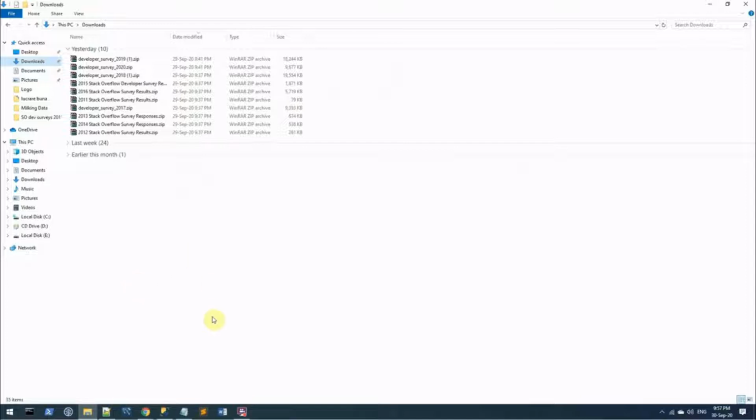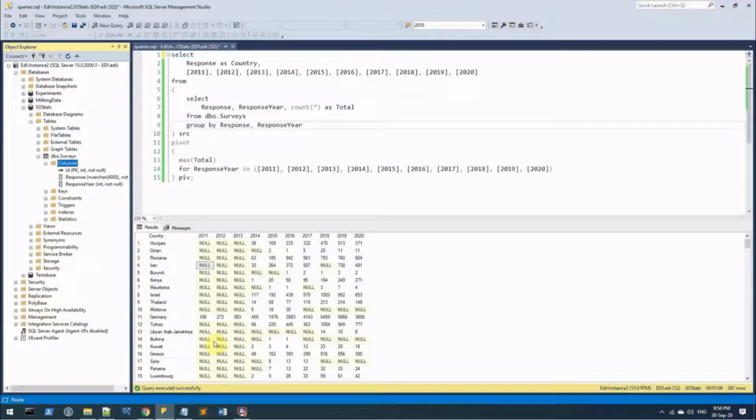After having the raw data, we want to manipulate it, of course, and generate an output that is usable on the website that will help us in creating that racing chart. For the data manipulation process, I'm using SQL Server.